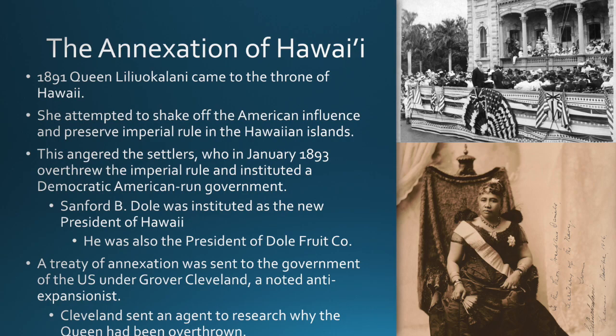And in January 1893, they wound up overthrowing the imperial rule and instituted a democratic government that was largely run by Americans, people of American origin. They elected Sanford B. Dole as the president of Hawaii, and interestingly enough, he was also the president and founder of the Dole Fruit Company.